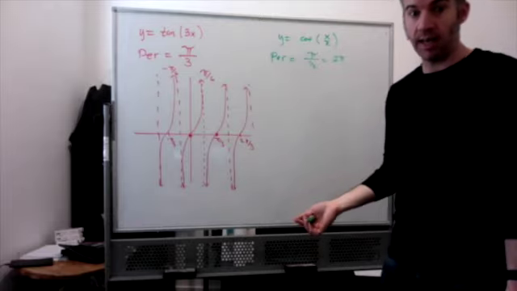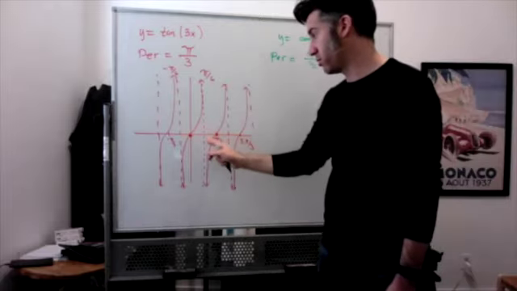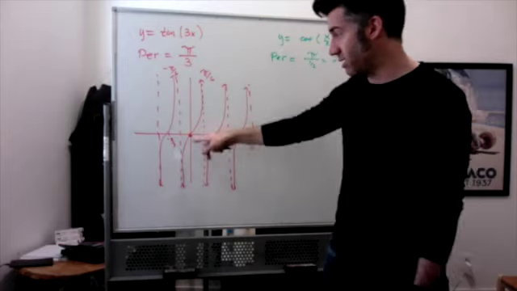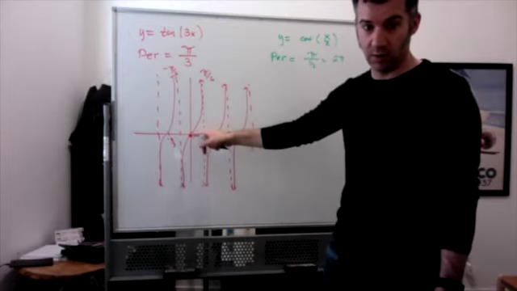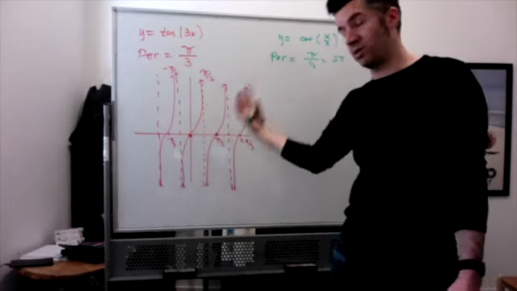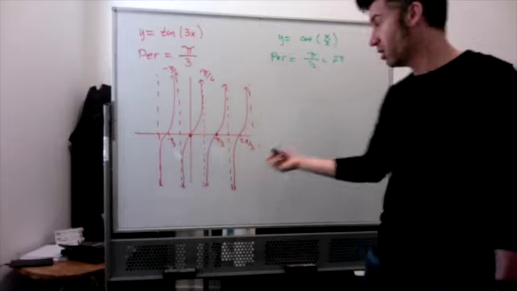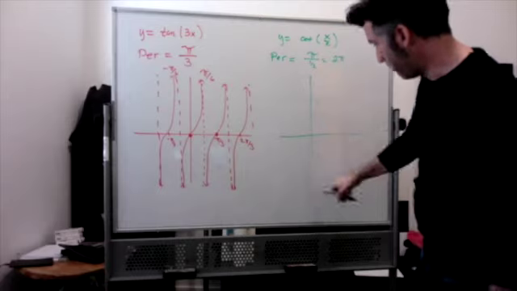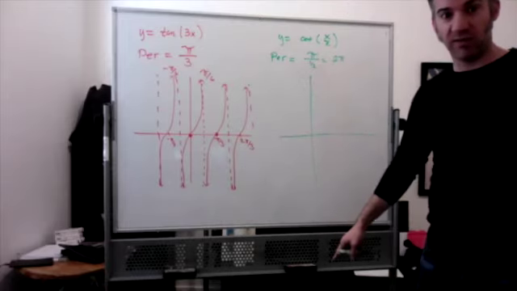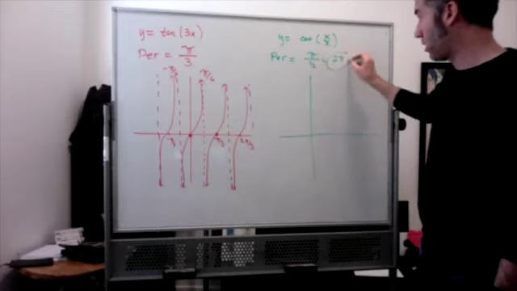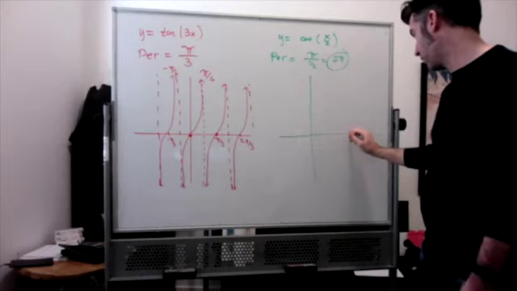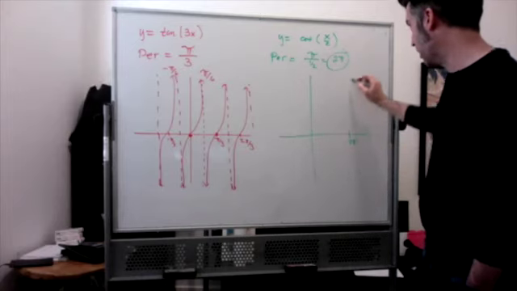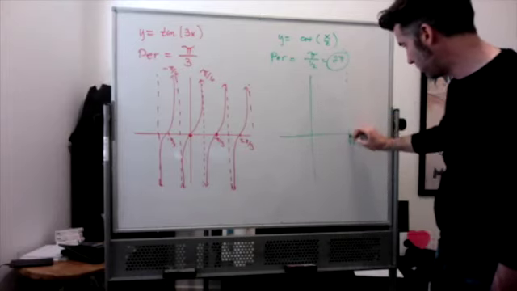Tangent has the intercept on the x-axis at the origin, whereas cotangent has the vertical asymptote on the origin. So this one's going to look like this. You have a vertical asymptote there. And then the next vertical asymptote should be 1 full period away, so over here at maybe 2 pi. That's where my next vertical asymptote is going to be.